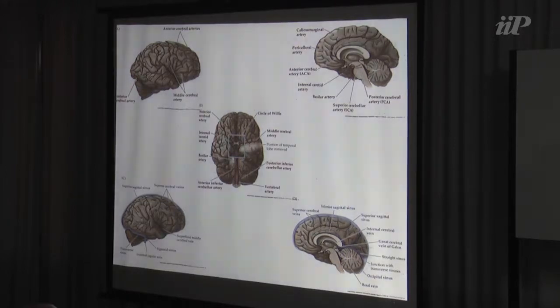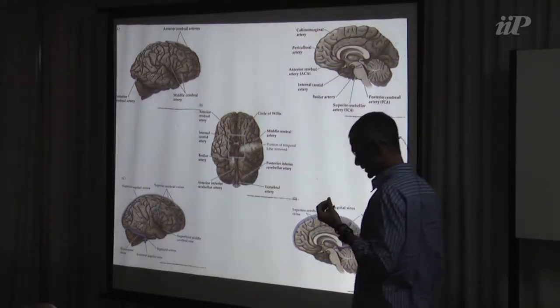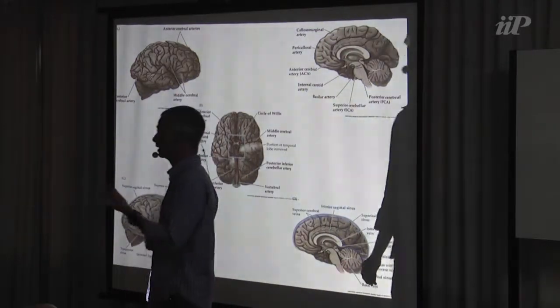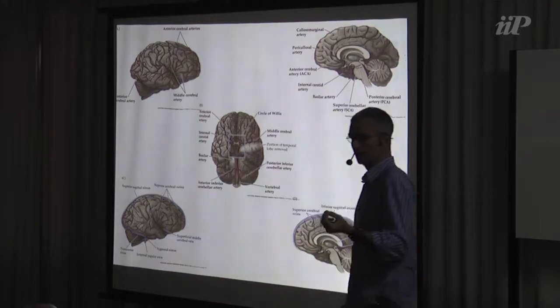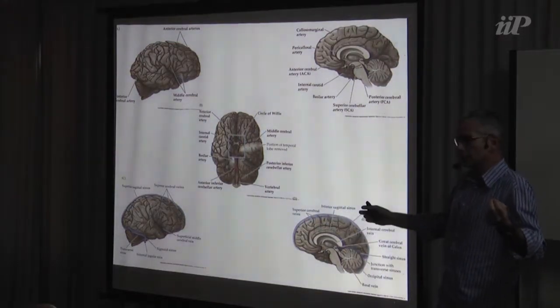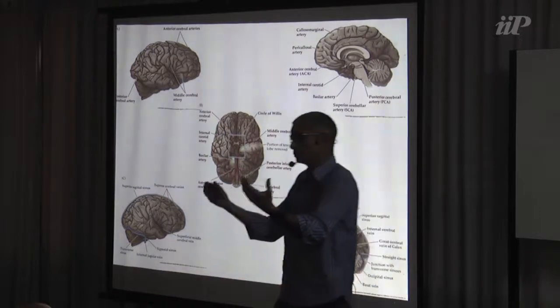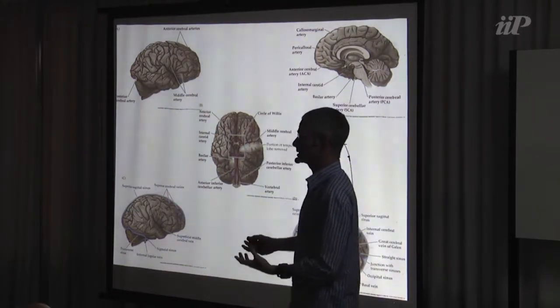So how selective is this vasoregulation that happens in our brain? Because one thing we could think is that if a specific area of the brain is being modulated, the blood flow of the whole brain could increase. But that's not the case.